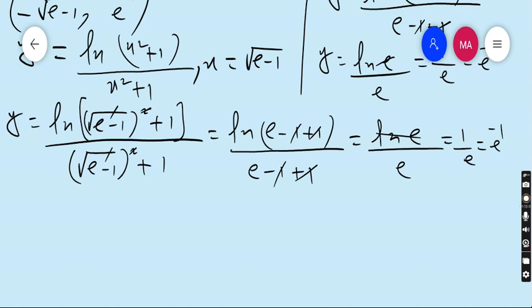Hence, the third stationary point is (root of (e minus 1), e⁻¹).